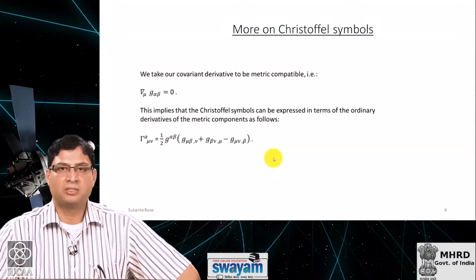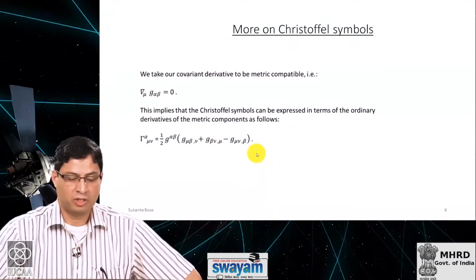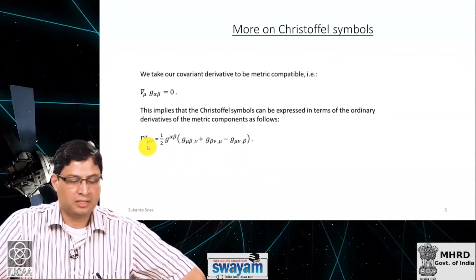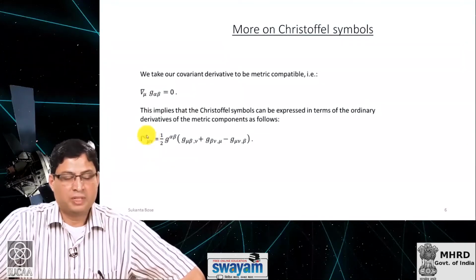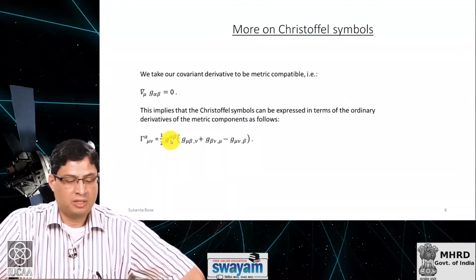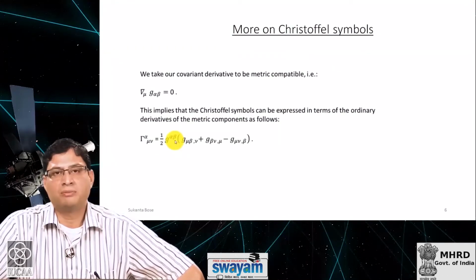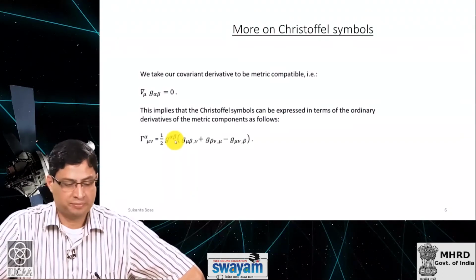This expression is fairly simple and you are expected to know it by heart. The key is that the top index of the Christoffel symbol is taken as the top index of this g alpha beta entities, which are just the components of the inverse of a metric. There is a factor of half in the front.